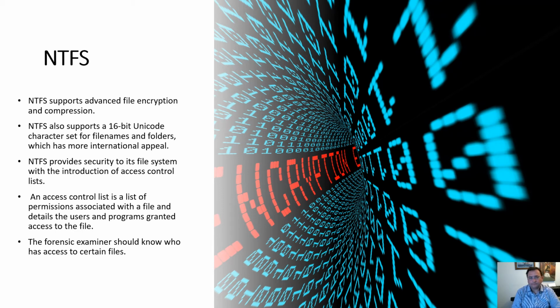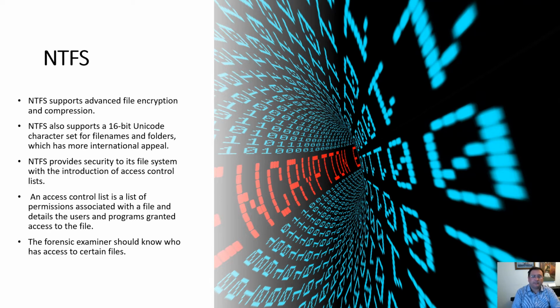NTFS provides security to its file system with the introduction of access control lists. An access control list is a list of permissions associated with a file and details the users and programs granted access to the file.